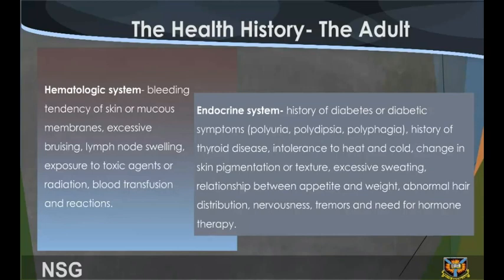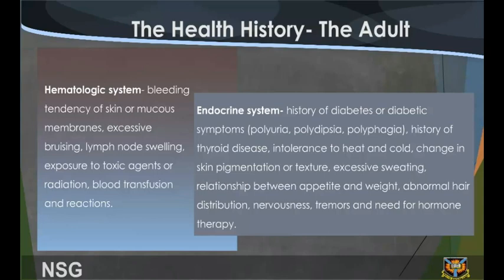Hematologic system. Bleeding tendency of skin or mucous membranes, excessive bruising, lymph node swelling, exposure to toxic agents or radiation, blood transfusion and reactions. Endocrine system. History of diabetes or diabetic symptoms: polyuria, polydipsia, polyphagia.